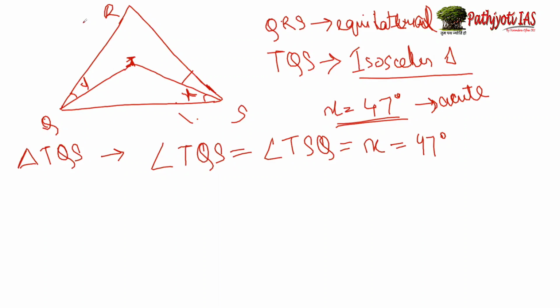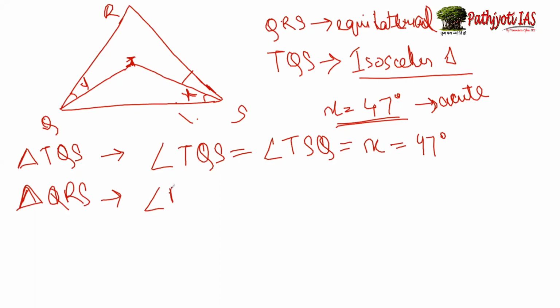Okay, so now we can consider this QRS. Since it was an equilateral triangle, just follow the marking, okay?